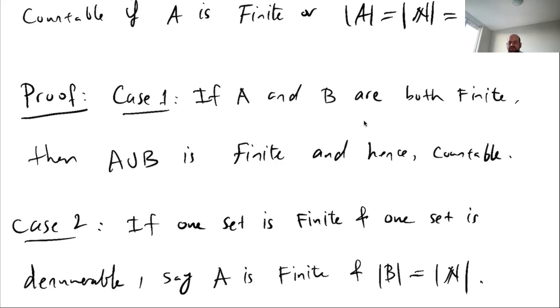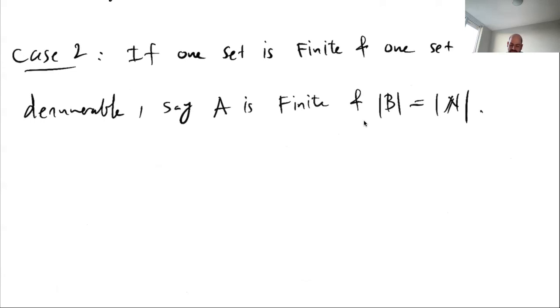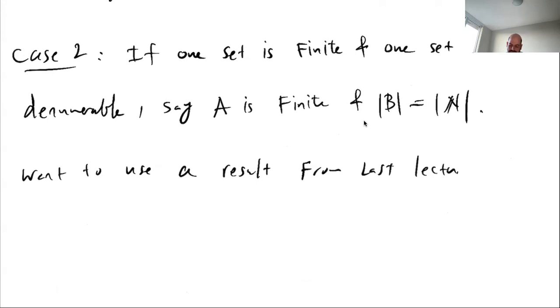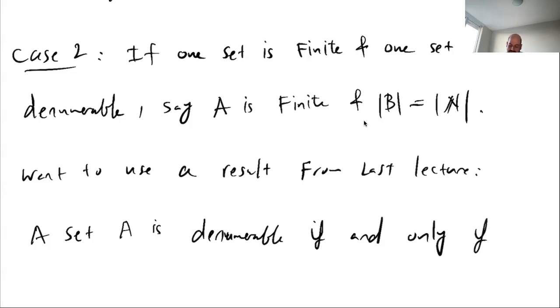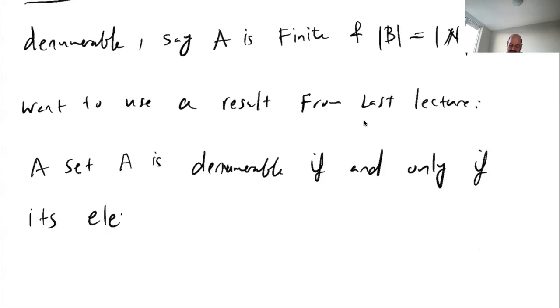So how can I show that A union B is denumerable again? I want to use a result that we showed last time, from last lecture, which was saying that a set A is denumerable if and only if its elements can be listed.